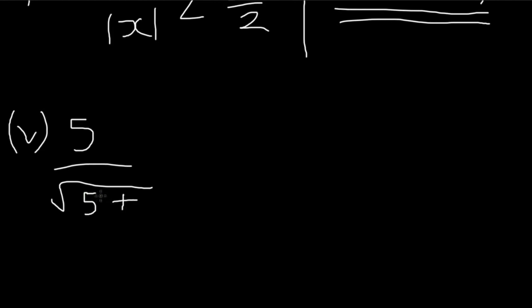So the only difference between this question and question 2 is that in question 2 the denominator is raised to the power 3, but for this question the denominator is raised to the power half. So this one can also be written as what?